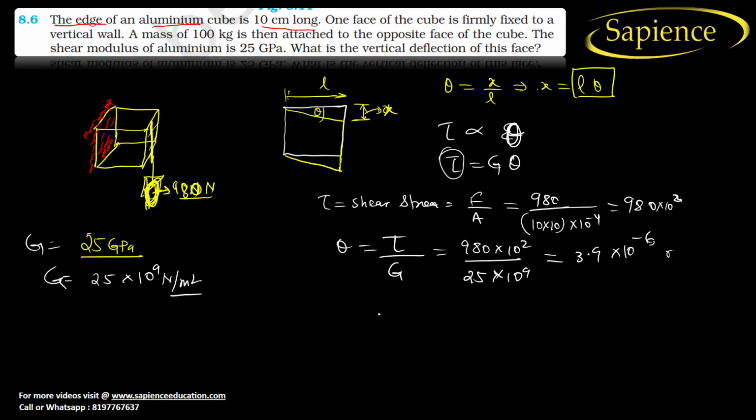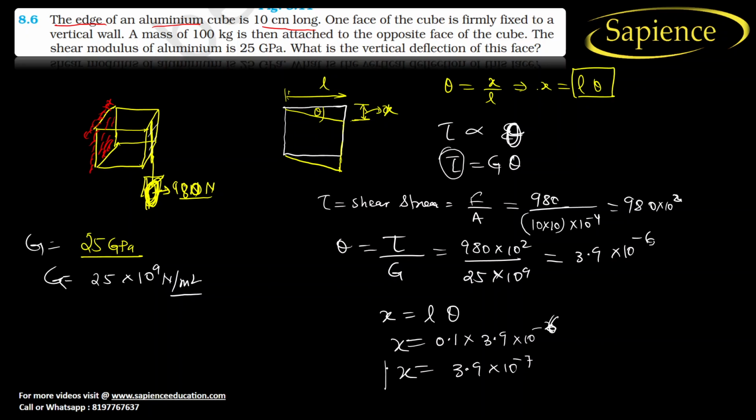Now we need to find x. So x is equal to L into theta. L is 10 centimeter, which means 0.1 meter, into theta, 3.9 into 10 to the power minus 6. When we multiply, we get 3.9 into 10 to the power minus 7.